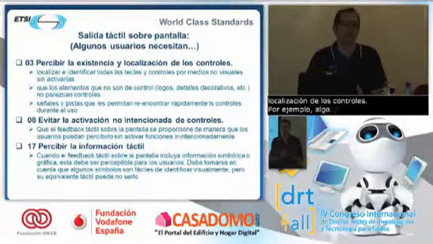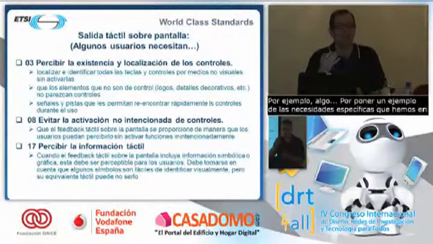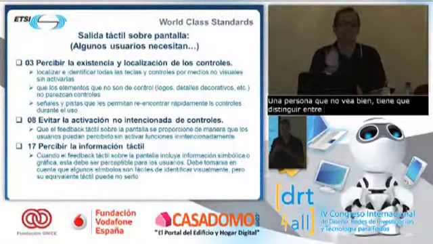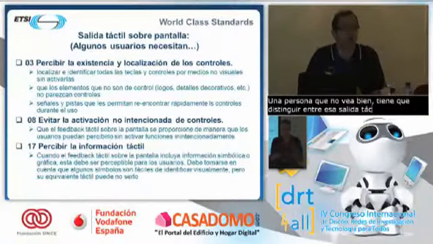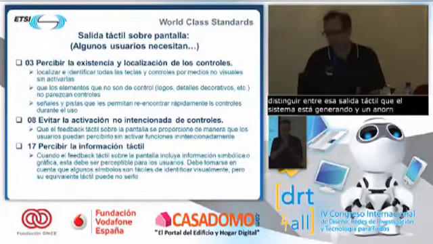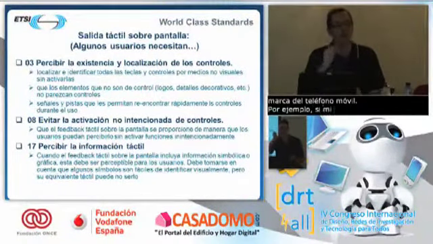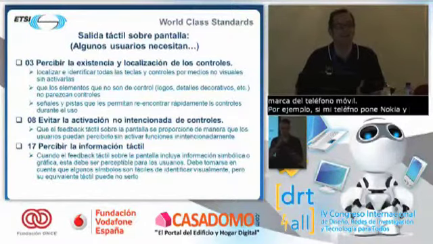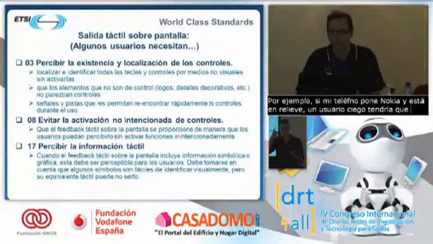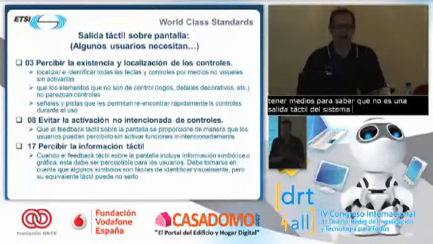For example, regarding the specific needs that we found, somebody who can't see very well has to distinguish between that tactile output that's being generated and a brand or some kind of logo, decorative elements. For example, if my phone has Nokia in raised lettering, well, the user has to know that that's not information, that's not output.